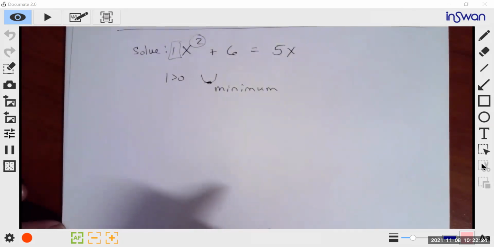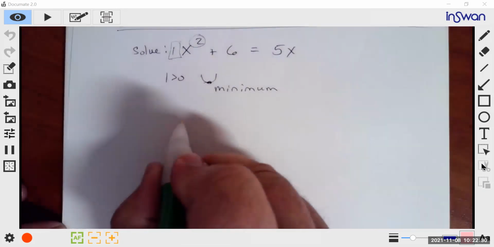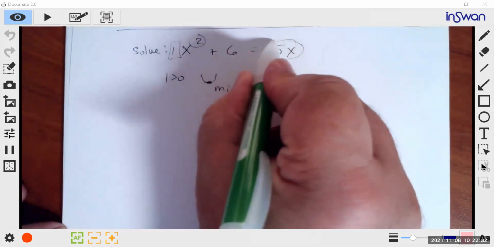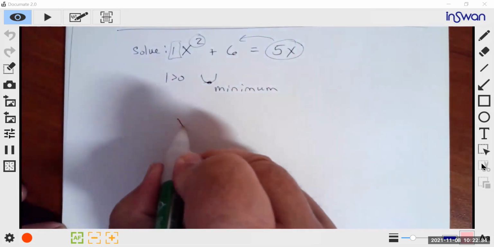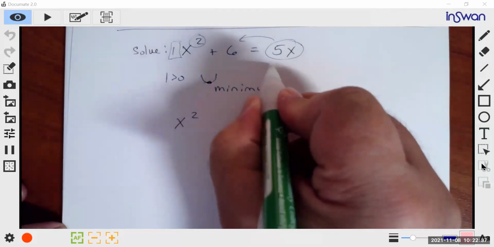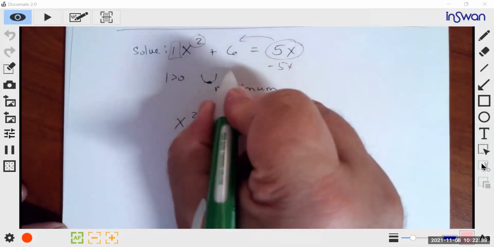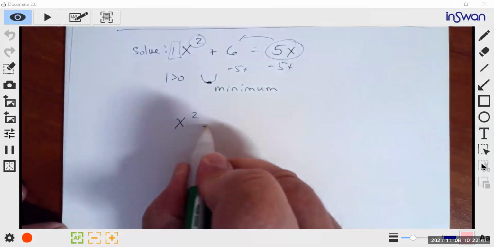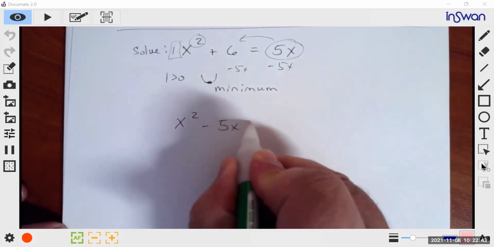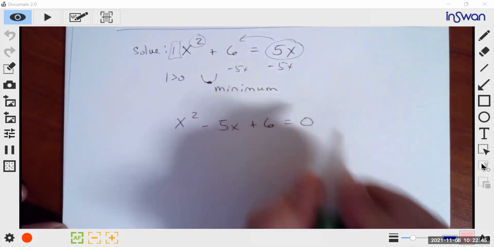What does it have to equal? Yep. So we have to move this value over there. So we subtract 5x from both sides. So minus 5x plus 6 equals 0.